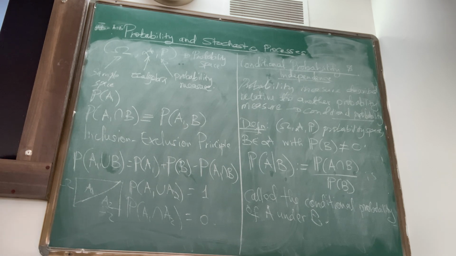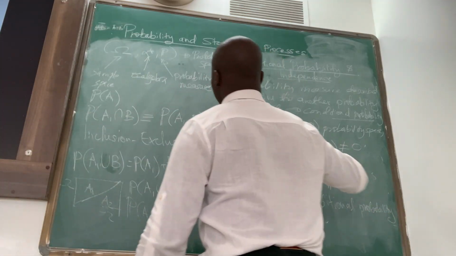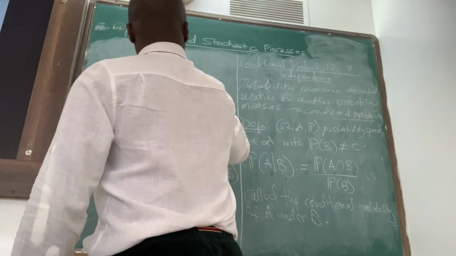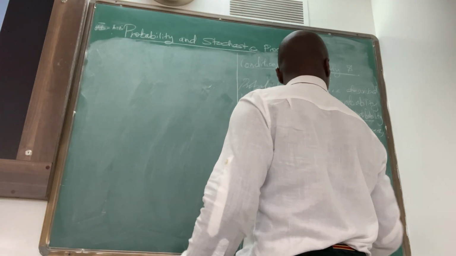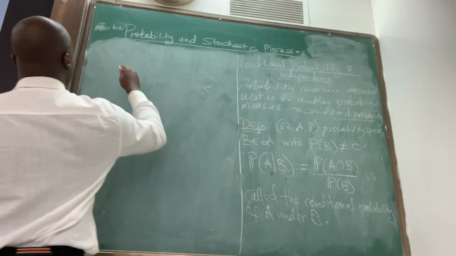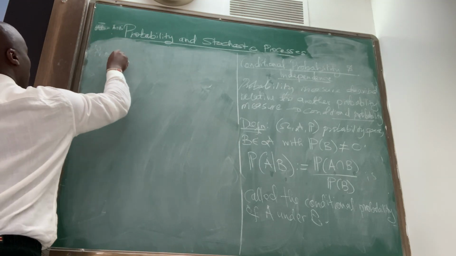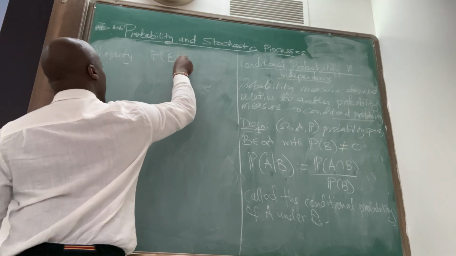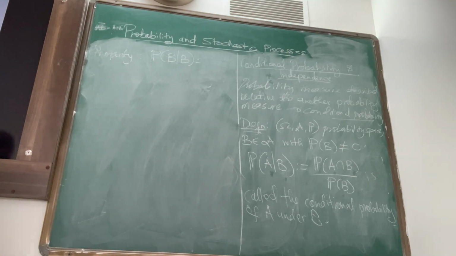Now, I'm curious to see if you guys can answer this question. So, what does this mean? So that means, what's the conditional probability of B given that B has occurred? What would be the answer? I don't overthink.